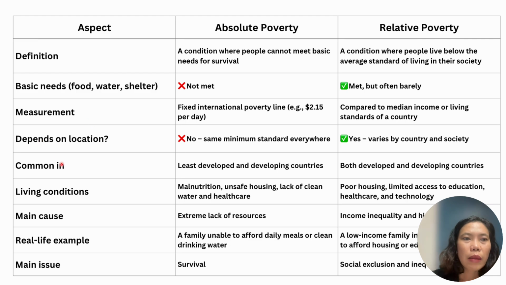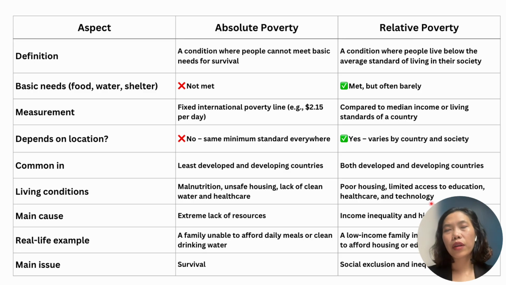So it depends on location. Absolute poverty does not depend on location. It has the same minimum standard everywhere, so whether you are living in the Philippines, Europe, or the US, you are still considered poor. However, relative poverty depends on location, so it varies by country and society.